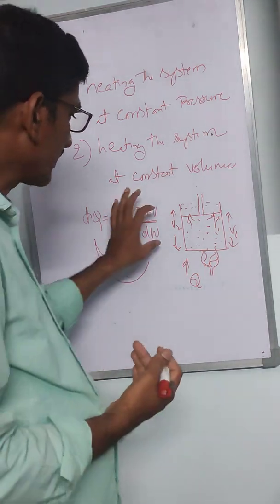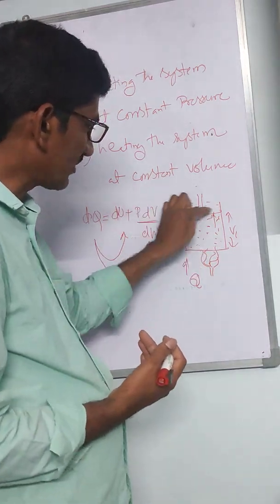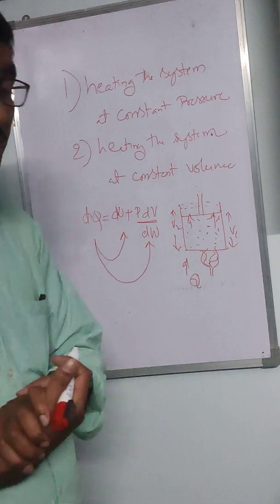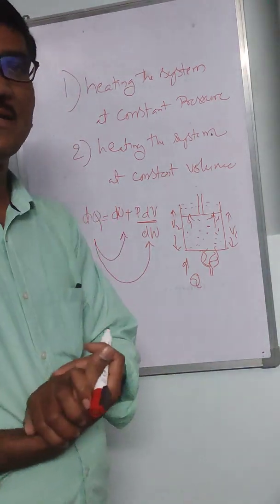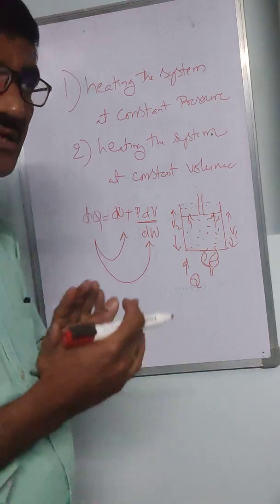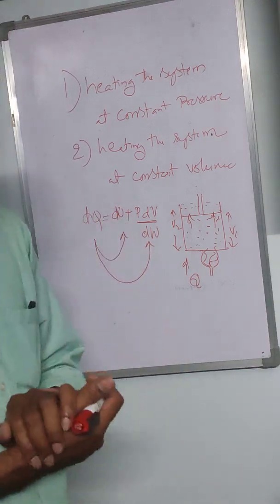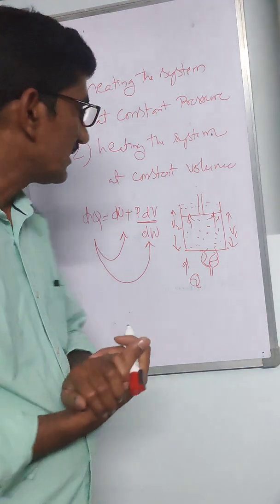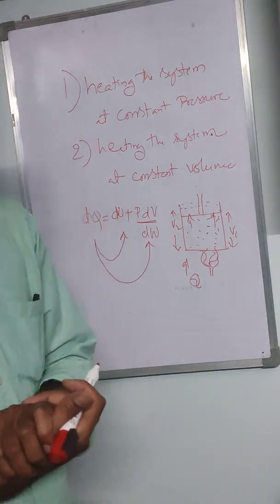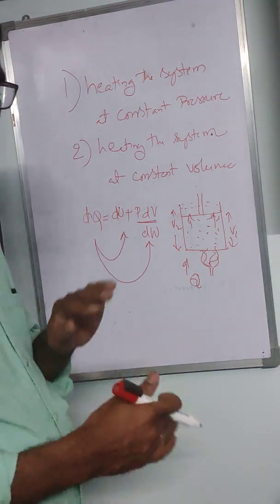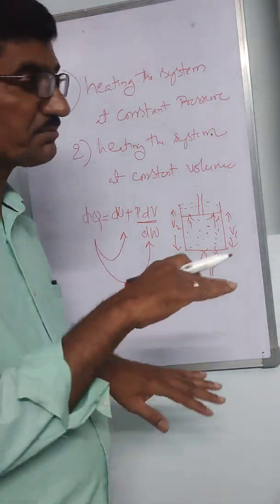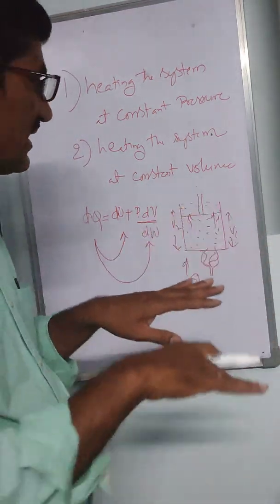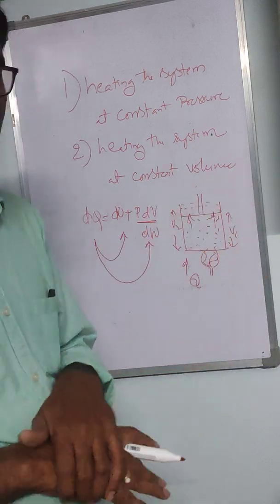V2 is the volume of the new box where the top is the dotted line. One point you have to observe is that the entire heat given by you is not solely utilized for the rise in temperature. At the same time, the temperature of the system goes up, and it also does some external work.